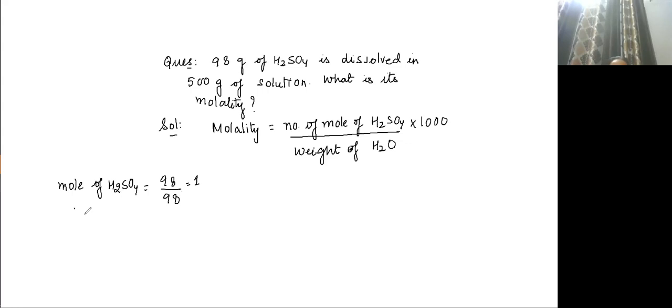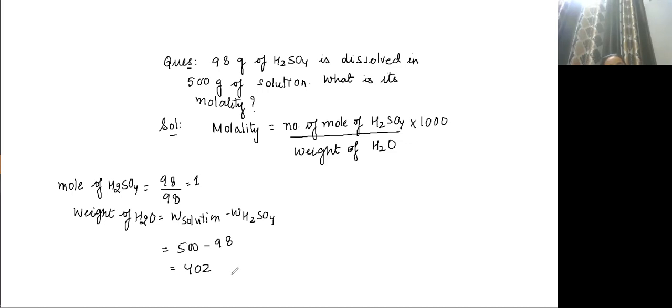And what is the weight of water? Correct. Weight of water is not 500. 500 is the weight of solution. So what will be the weight of water? That is weight of solution minus weight of H2SO4, that is 500 gram minus 98, which equals 402.